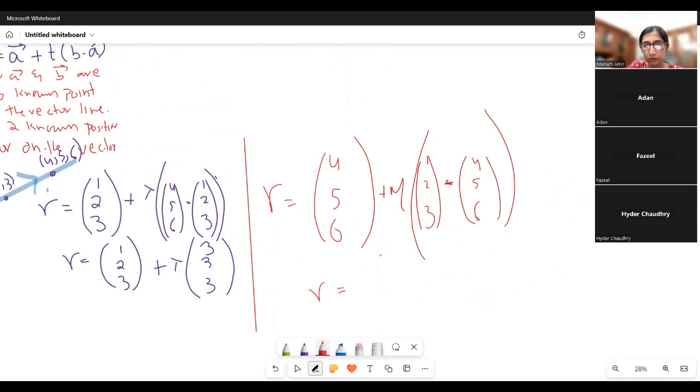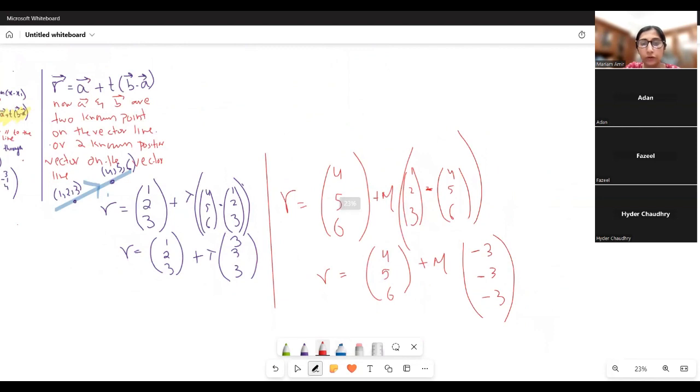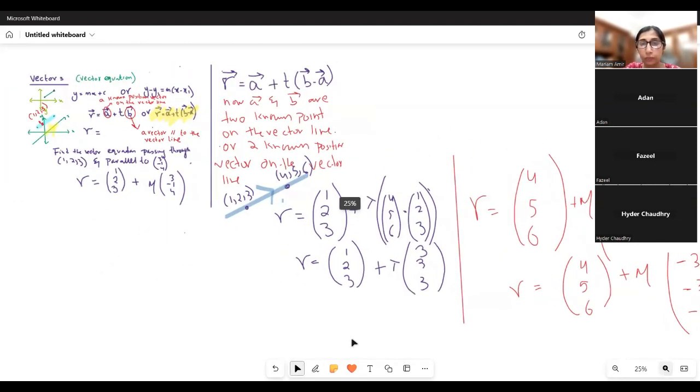So R equals 4, 5, 6 plus mu times minus 3, again minus 3 and again minus 3. Both of these are correct answers. In the marking scheme, both are written, this or this. So that's how you find a vector equation using any of the two methods.